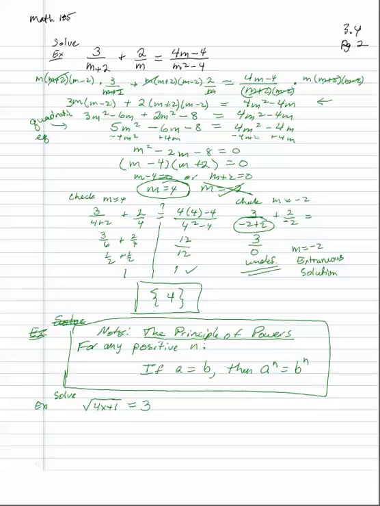for instance, let's say you had negative 2 squared equals positive 2 squared. Negative 2 squared equals positive 2 squared, because negative 2 squared is 4 and positive 2 squared is 4.